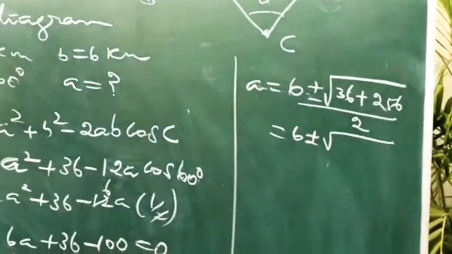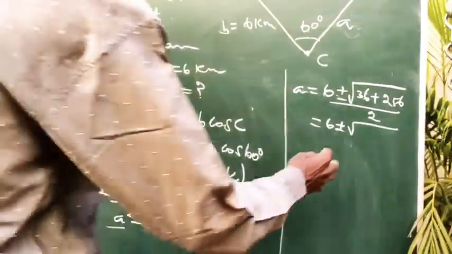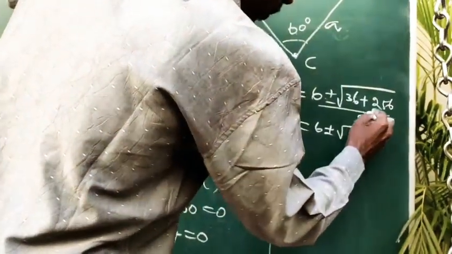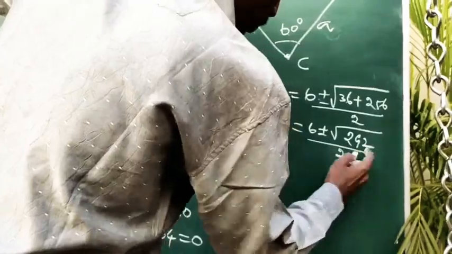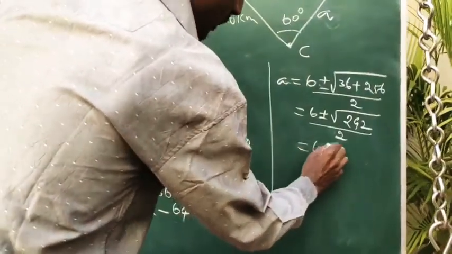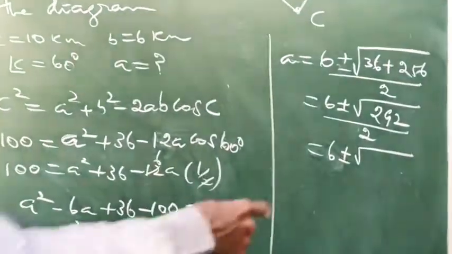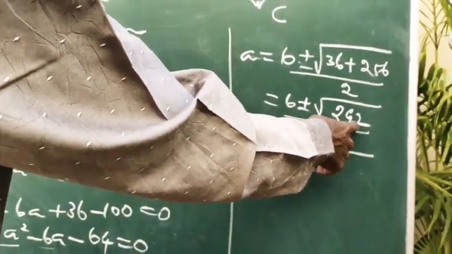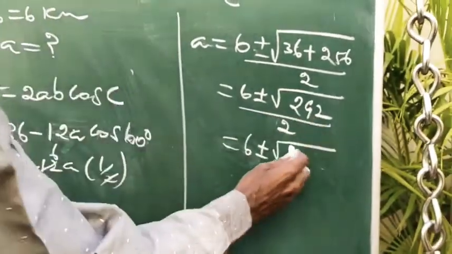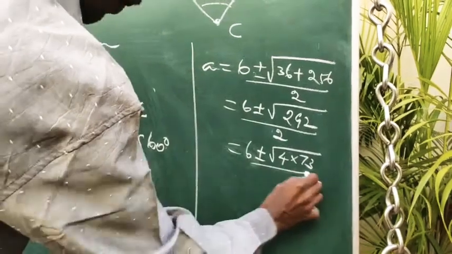So what we are getting? Sum of the two, 36 plus 256, 292 by 2. 6 plus or minus, we have to find the square root. I think it is divisible by 4. 7 4s are 28, remaining 1, so 3 4s are 12. So it can be written as 4 into 73 by 2.